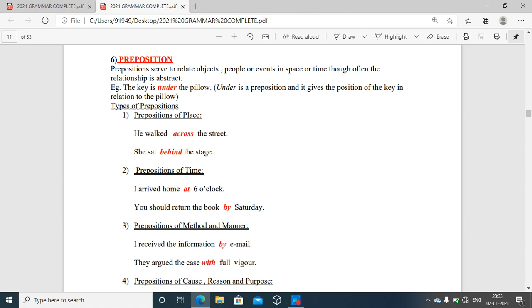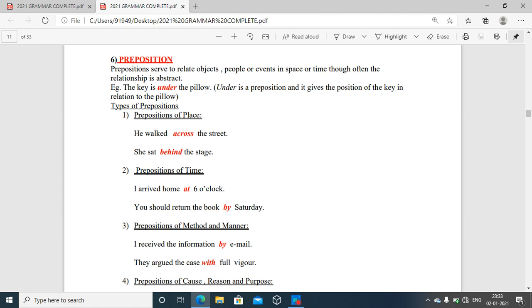If that key is kept above, we will say the key is on the pillow. That is the way. We cannot have a fixed rule for defining this, but only in relation to one object or the other can we define it. We can see a lot of types of prepositions in English, and as I said, we cannot always fix them by rules, but just by logic.